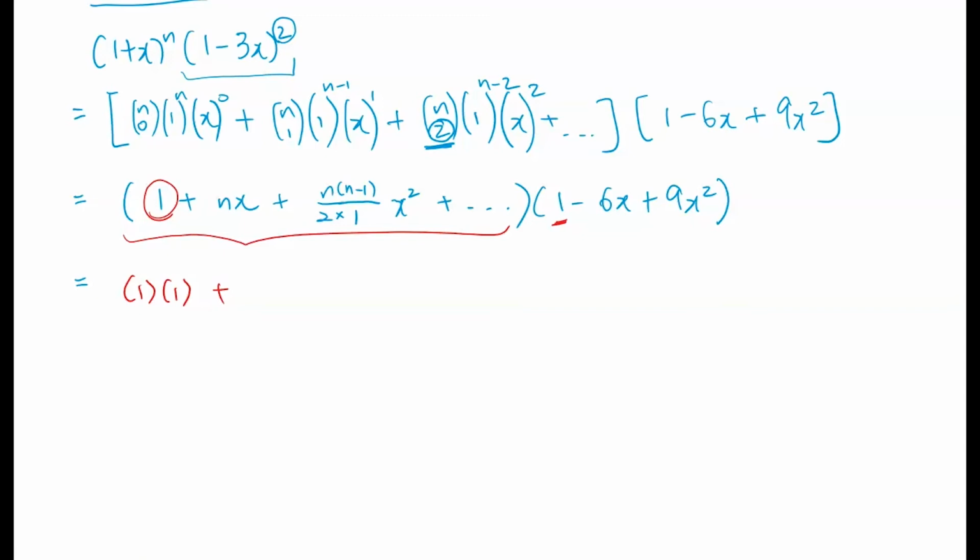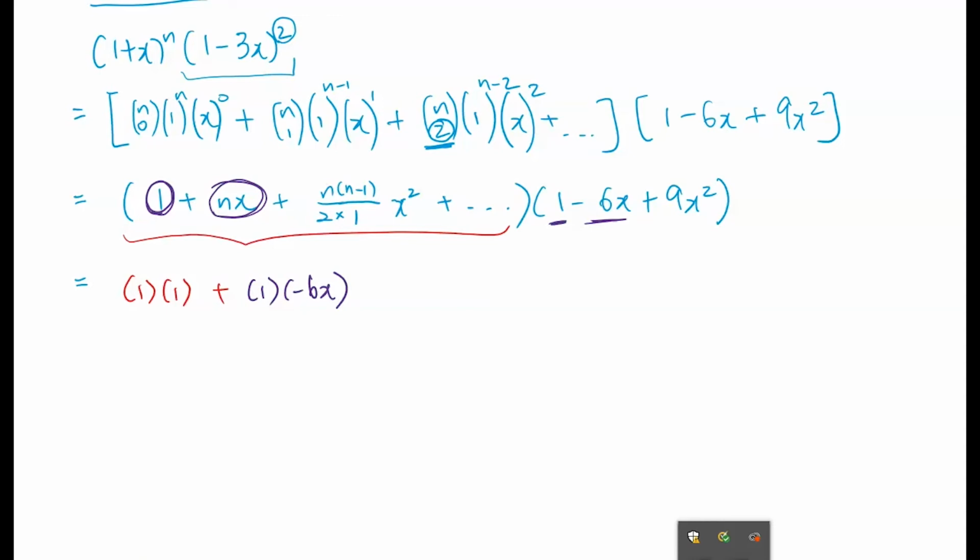So the x term, there are more possible combinations. Again, I'll start with the first term here and I ask myself, 1 times what in the second bracket to give me my x term, and that will be times negative 6x. So it's 1 times negative 6x. And then next I look at this one here, nx, and I ask myself who do I pair it with in the second bracket to give me an x term, and that will be with 1.